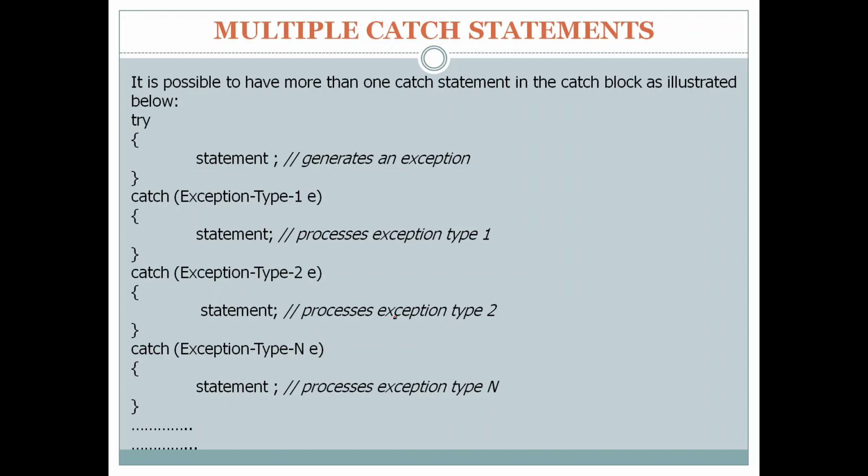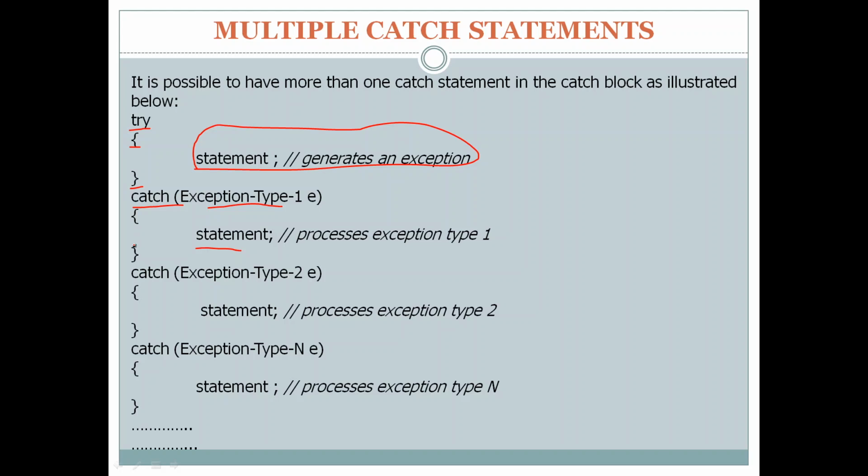So for a single try block we can have multiple different catch statements, and the format of defining multiple catch is given in this example. We have try, open and close, then we have some set of statements here, and this set of statements may generate multiple different exceptions, and that is the reason we have included catch 1, which defines one type of exception and it has a handling part.